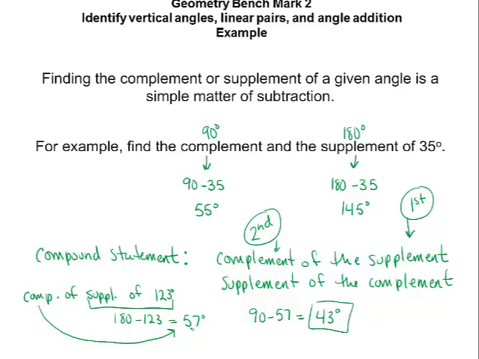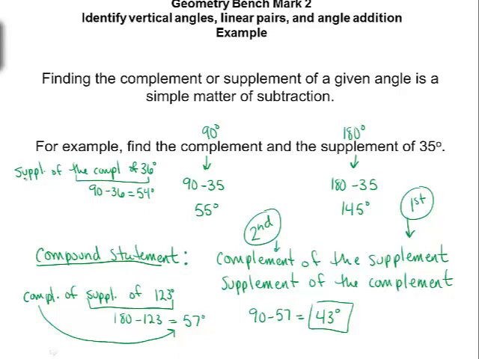Do you want to see another one? Okay. Just another example. If I wanted to find the supplement of the complement of 36, first I have to find this. So I have to do 90 minus 36, which is 54.